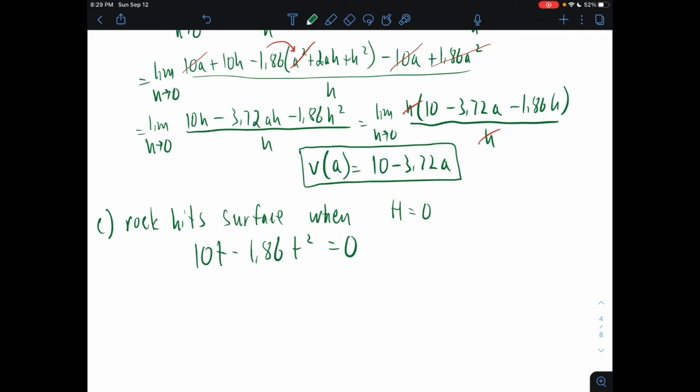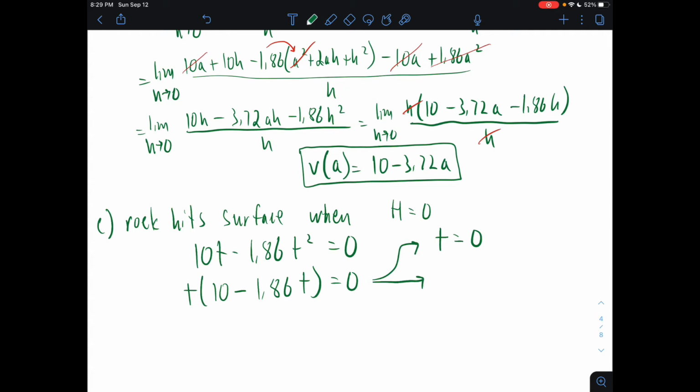And we can solve that by factoring. Factor out a t. We're not going to do any division. We're going to set our factors equal to 0, which just means that t is equal to 0. That's really when it was thrown from the surface.